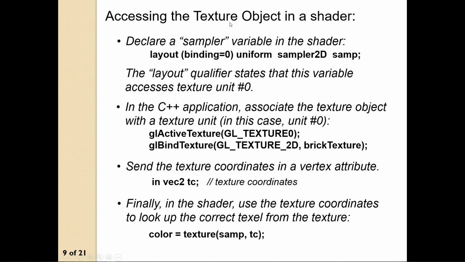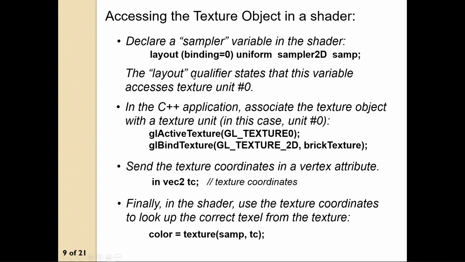So to access the texture object within the shader, we are going to use this sampler. In our case, it's a sampler2D. Most of the time, you're going to see sampler2D, which is just a straightforward texture map. We're going to call it samp just so that we can refer to it in our shader, and we tell it it is binding 0.